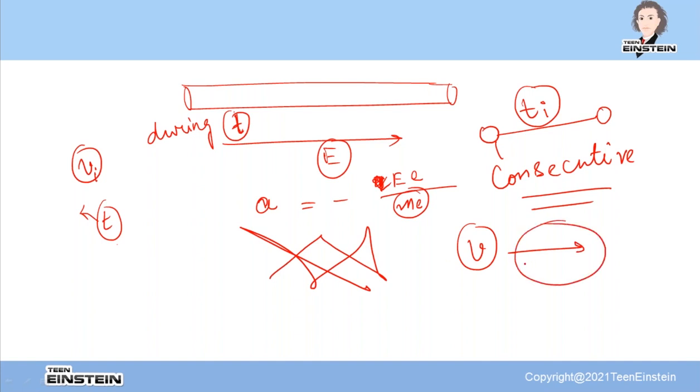Between two consecutive collisions, because of this applied electric field, the electrons will move with an average velocity. That velocity is called the drift velocity, denoted by v drift.